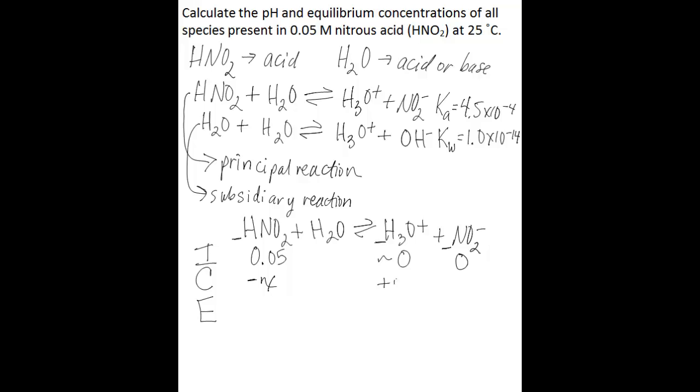We're going to get plus X for hydronium ion and plus X for nitrite, the conjugate base. And now we can use these X values to write the equilibrium concentrations of each of the species present in terms of X. Nitrous acid will be 0.05 minus X, hydronium ion is X, and nitrite is also X.